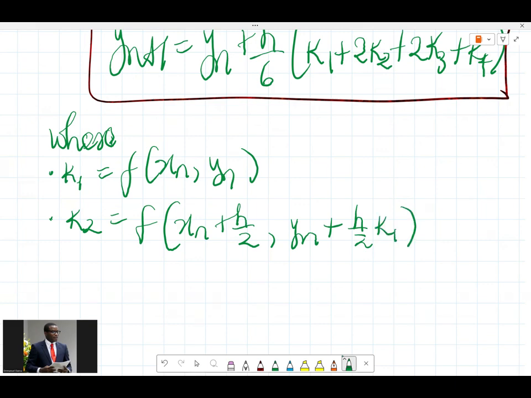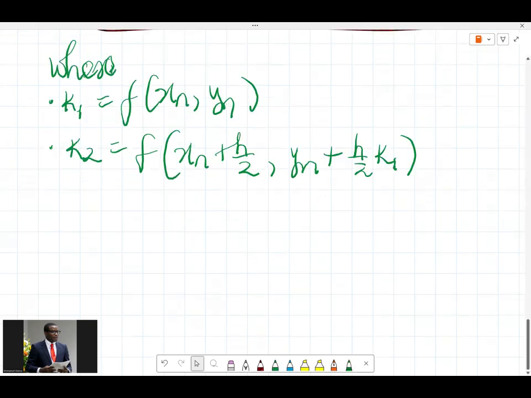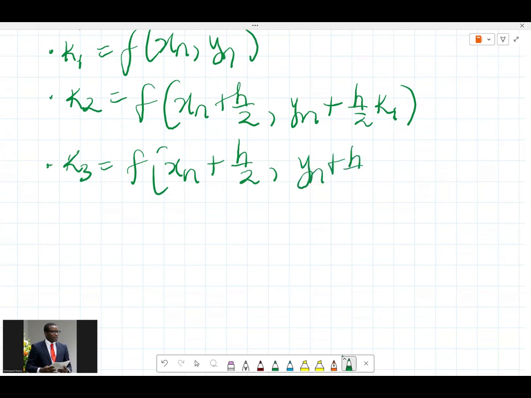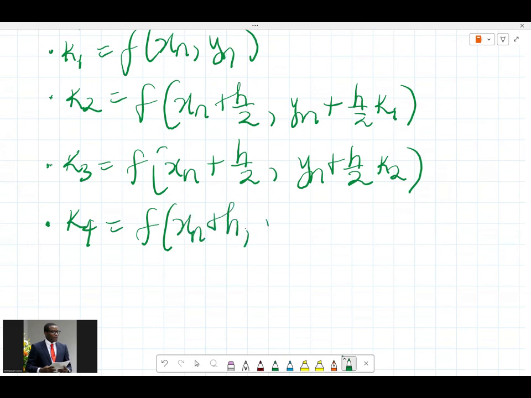You see this one depends on the k1 you would have done previously. Then you go to k3. So k3 is f of xn plus h over 2, comma, yn plus h over 2 k2. The k2 you get up there, you bring it down here. Then you have k4, which is f of xn plus h, and that is yn plus h k3.